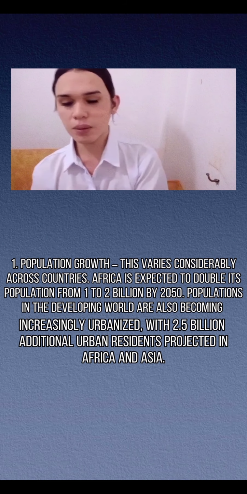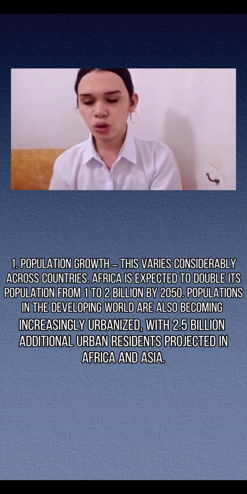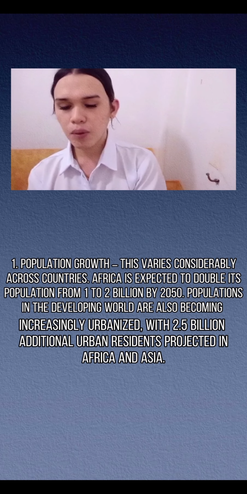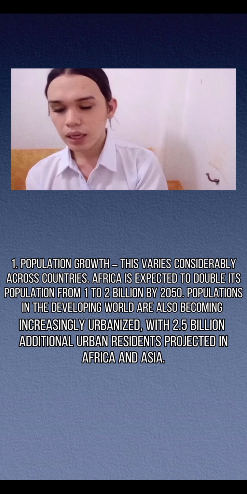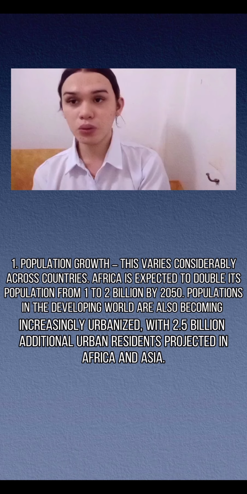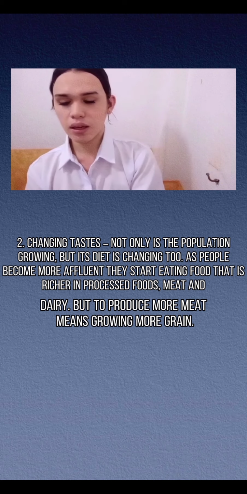This varies considerably across countries. Africa is expected to double its population from 1 to 2 billion by 2050. Populations in the developing world are also becoming increasingly urbanized, with 2.5 billion additional urban residents projected in Africa and Asia.